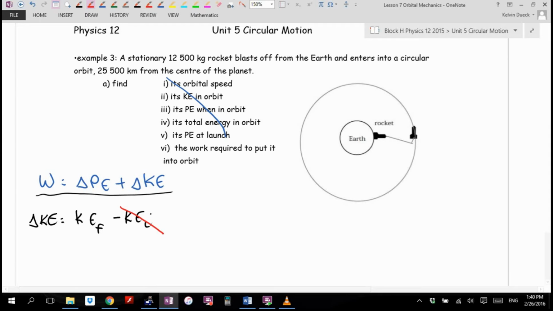KE equals a half... Yep. Which v? Look up. Orbital speed. Did they tell me the orbital speed?